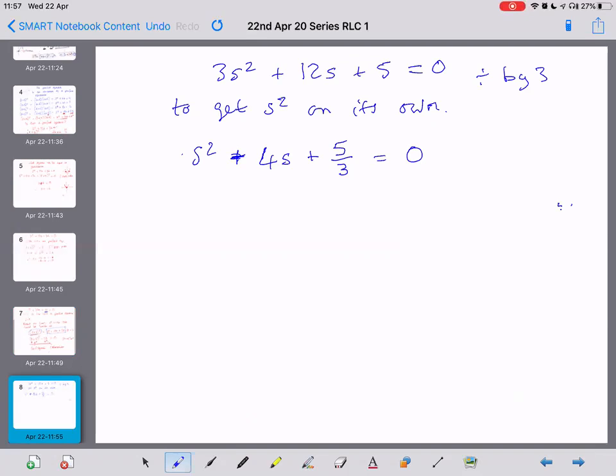Now we can start this off by saying we must have s, and remember the constant is half of this 4, so it's going to be s plus 2 all squared.